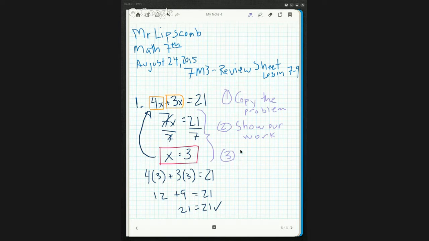Step 3 is to box our answer. And step 4 is, when possible, check your work.